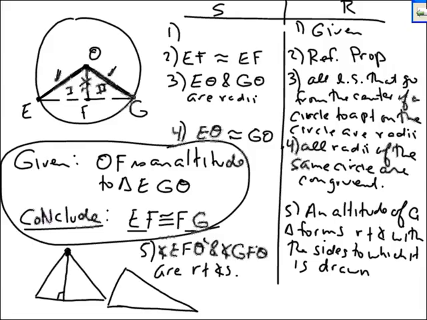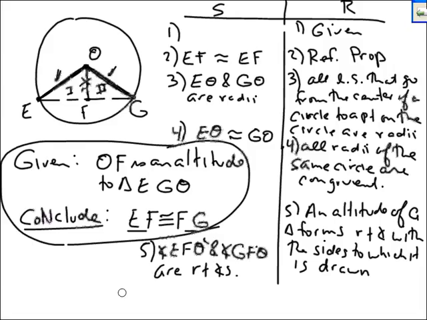If you have that triangle and you want to form an altitude at this point, it goes down in such a way where you meet at a right angle. Of course, both sides are right angles. Okay, so now we have that EFO and GFO are right angles.